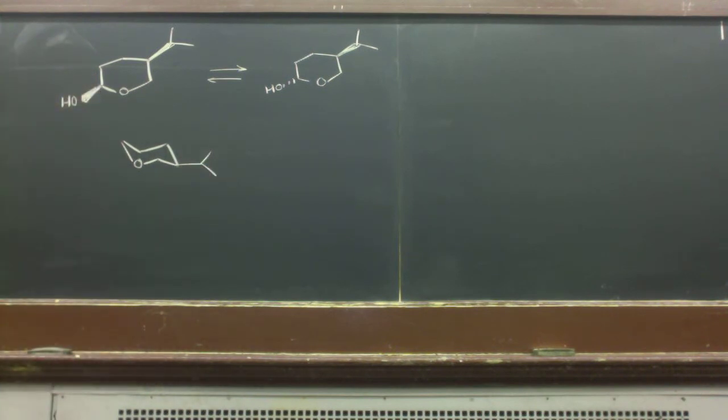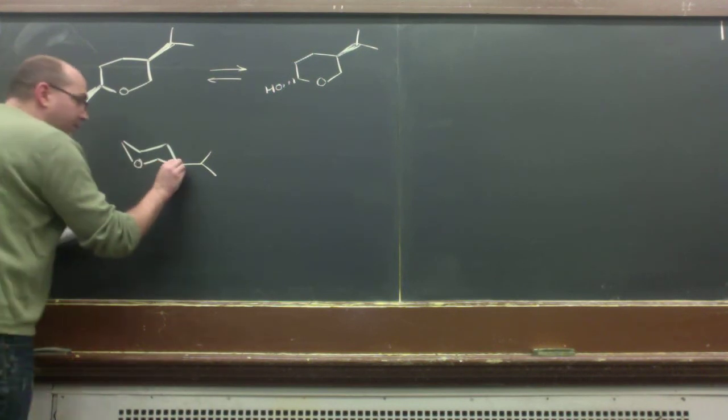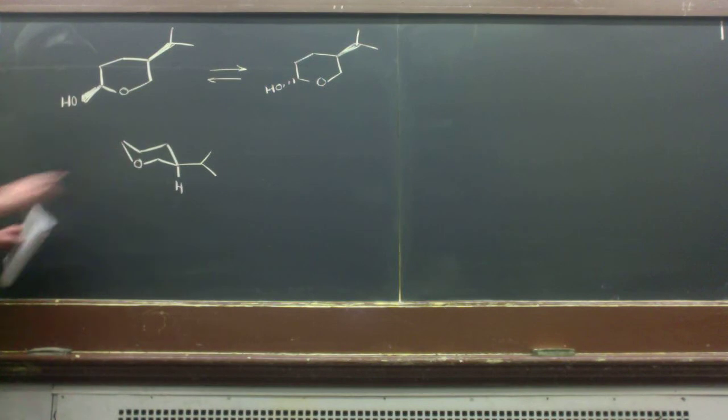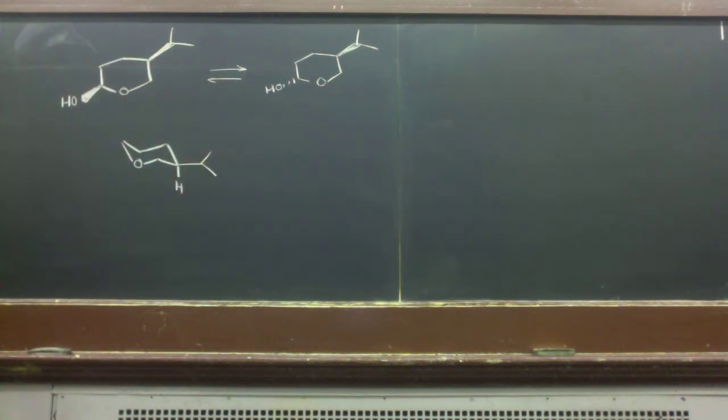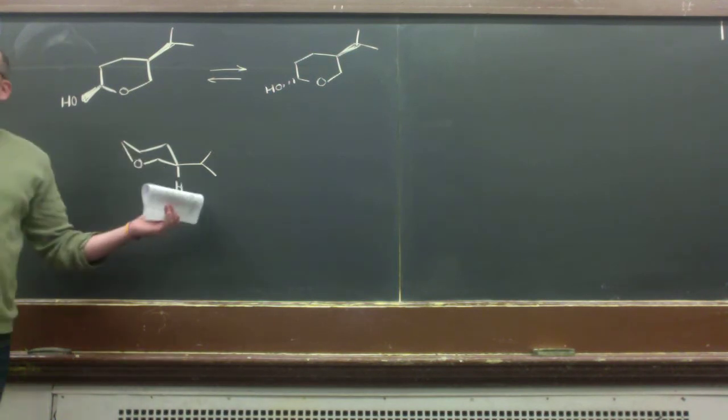Now, I don't know if this was one of the problems that people got into initially, but as you learned last semester, you shouldn't be forgetting what you learned previously. The whole reason why I put this isopropyl group here was to lock this molecule into a specific conformation. And that conformation would be one such that the isopropyl group is going to be equatorial.